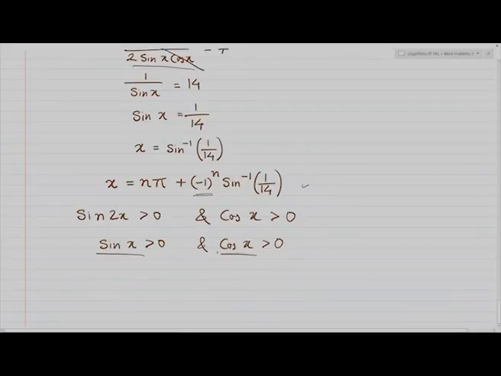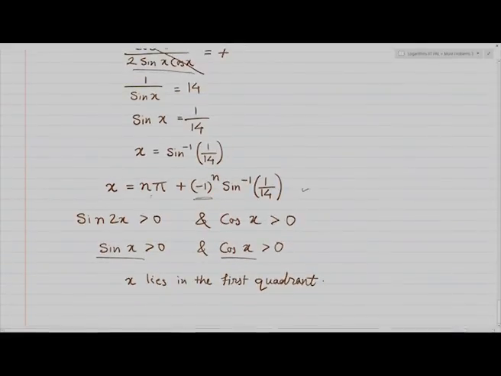When will this happen? This will happen only when x lies in the first quadrant, x is the angle which lies in the first quadrant. So, if x lies in the first quadrant, then what should be the value of n over here? This always should be even because it lies in the first quadrant.